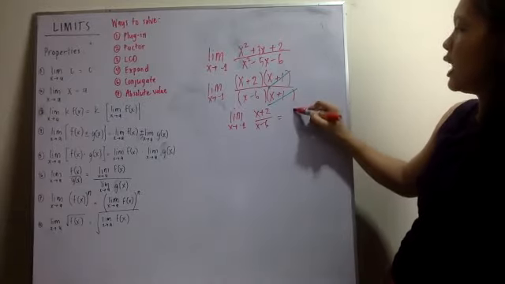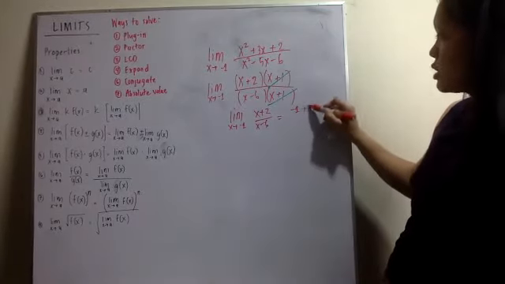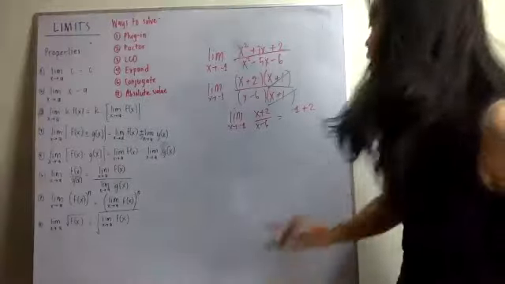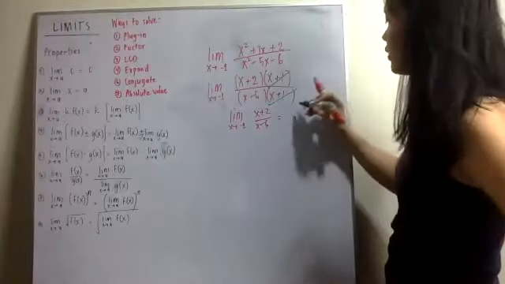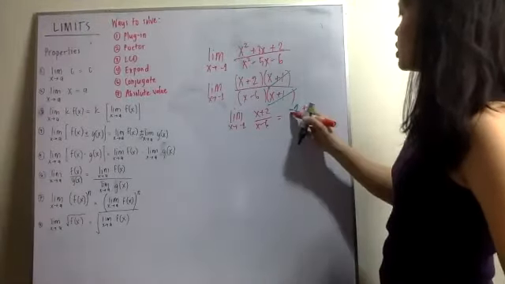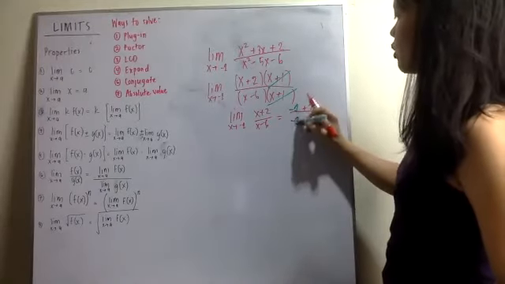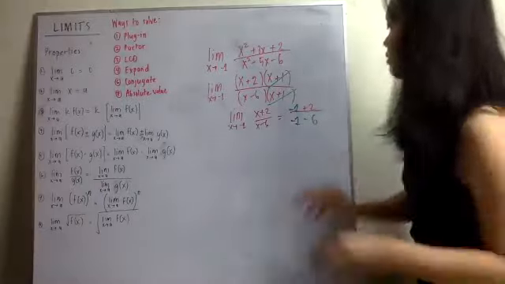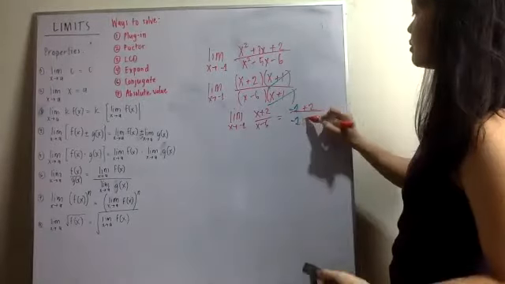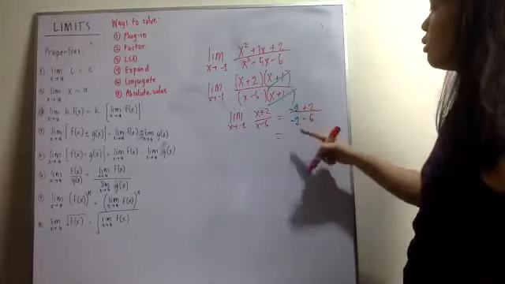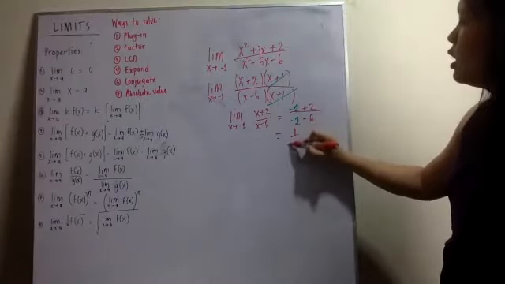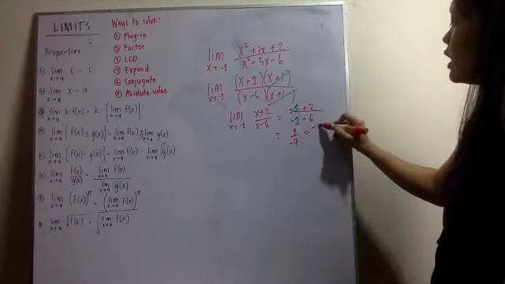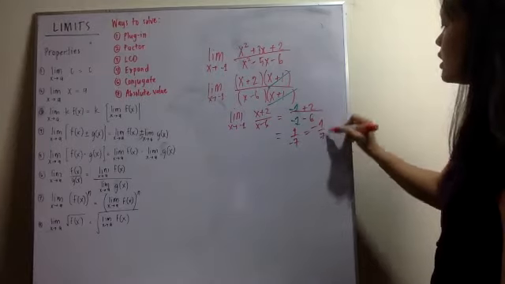Negative 1 plus 2 over negative 1 minus 6, which is equal to 1 over negative 7, or negative 1 over 7.